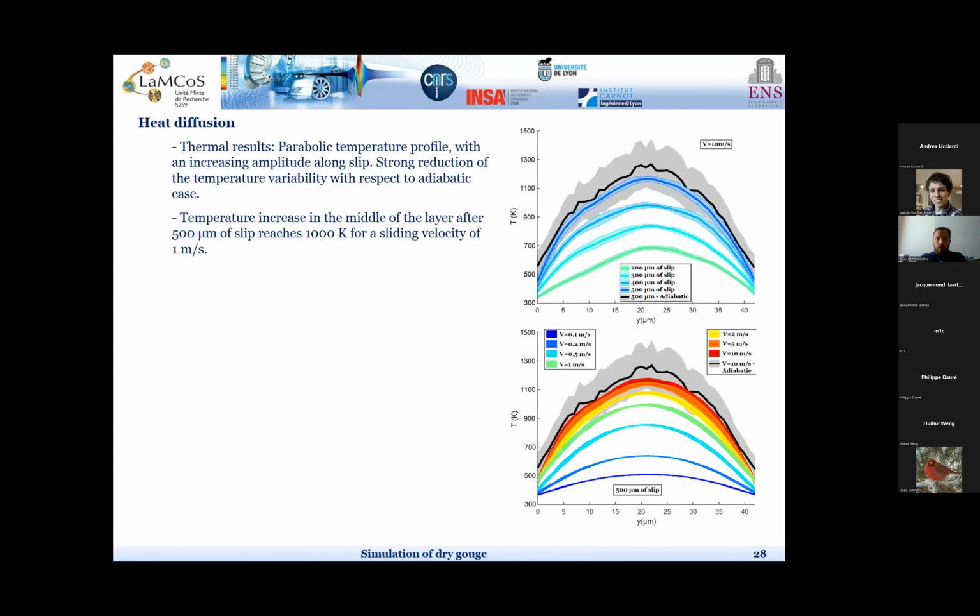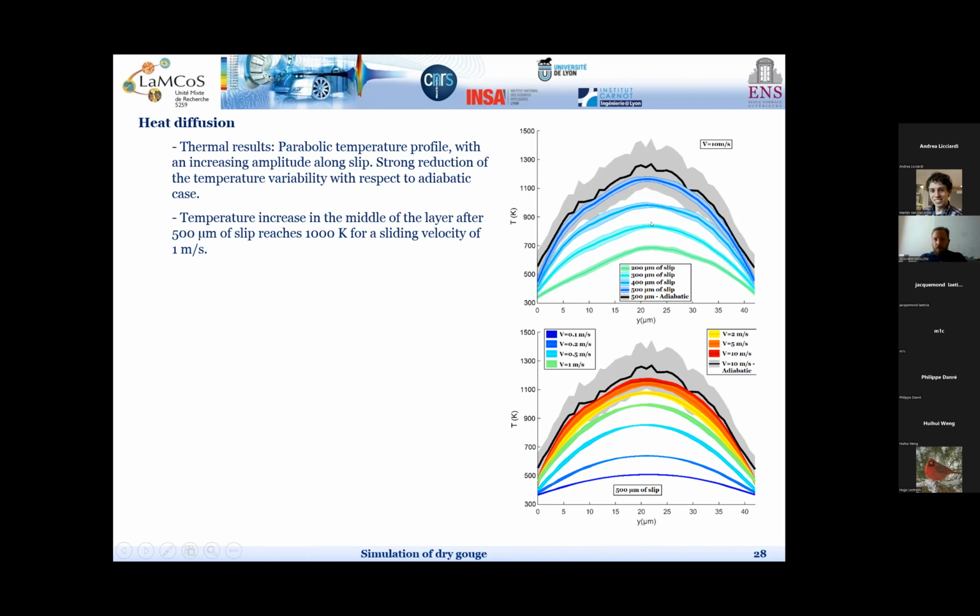Okay, so with this, we are able to compute the evolving profile of temperature within the gouge. What we see here, for example, is the thickness of the gouge from 0 to about 45 micrometers. And this is a temperature profile after 200 micrometers of slip here.